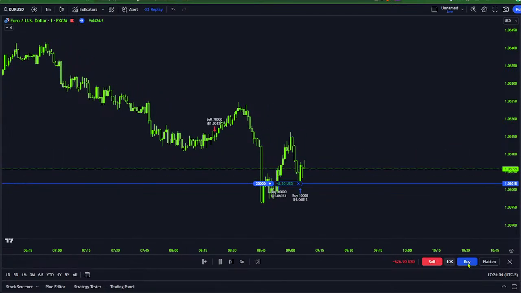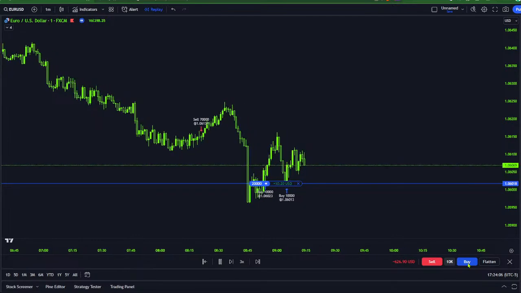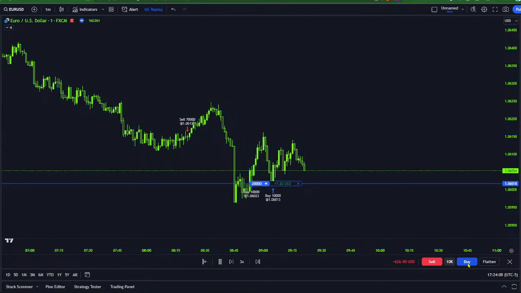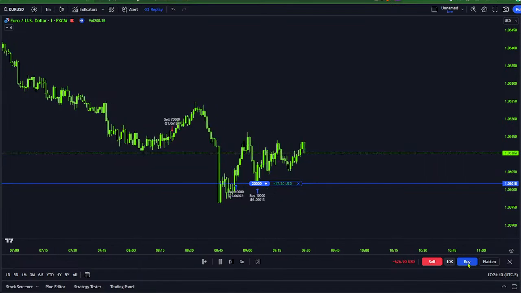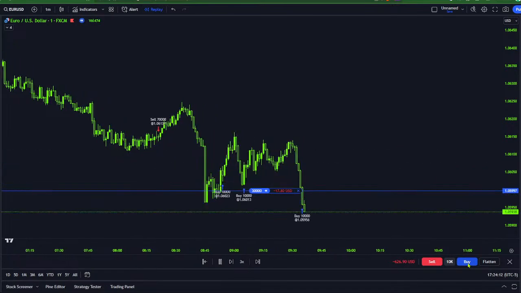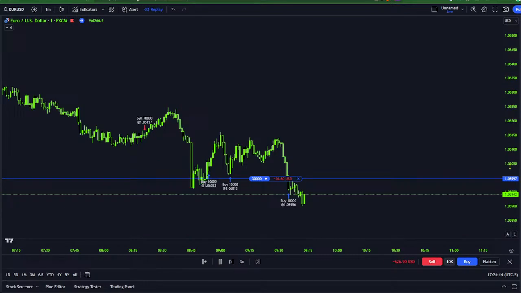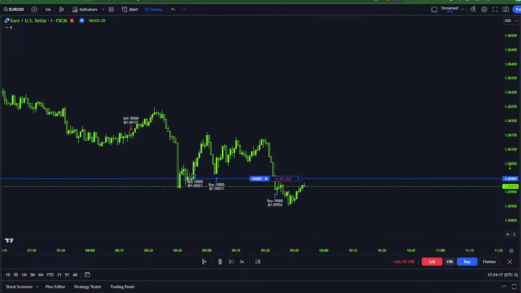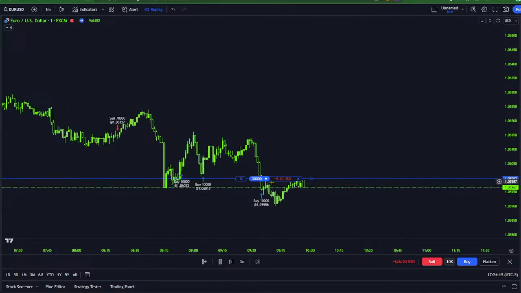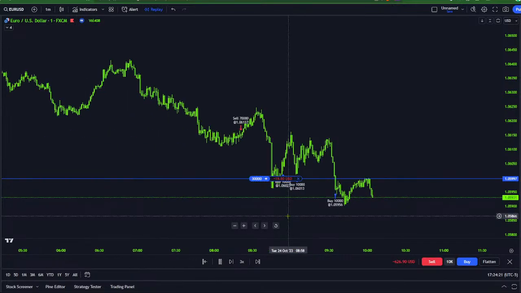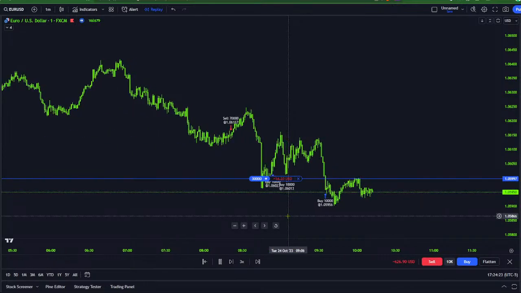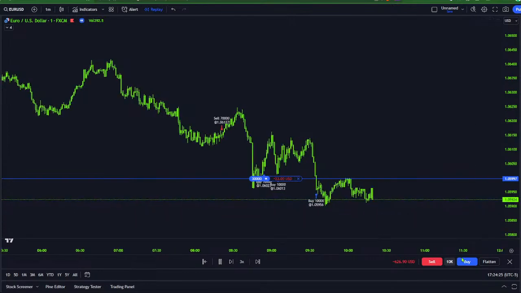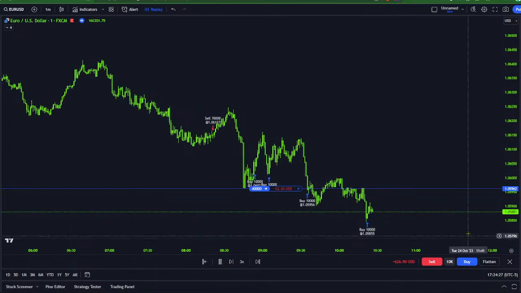And every time it touches down, I'm going to buy again. Buy. And who knows, I may just be wrong all day today. Buy that.